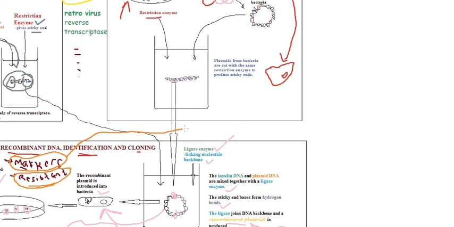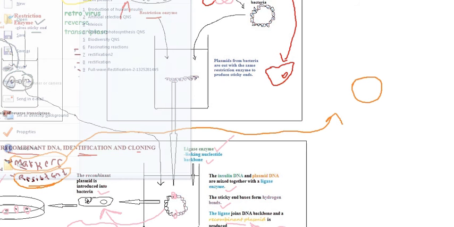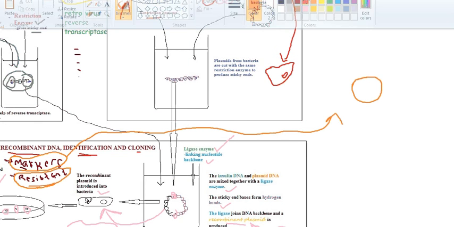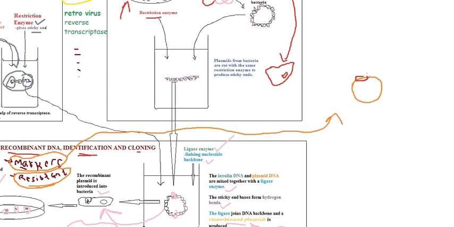Now these markers, what we do these days is we keep the plasmids with the insulin gene with some markers, with some photographic plates, we can say.